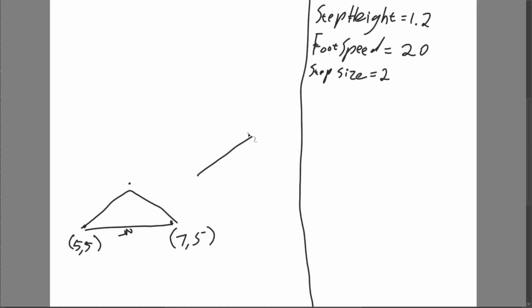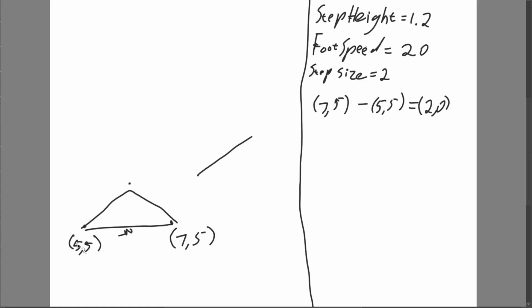Okay, so let's do the vector math for this. First, we need to find out the vector for reaching this point from here. To do that, we take our destination, 7, 5, and we subtract our start point, and there we go.